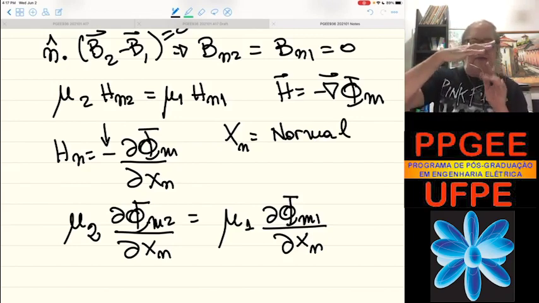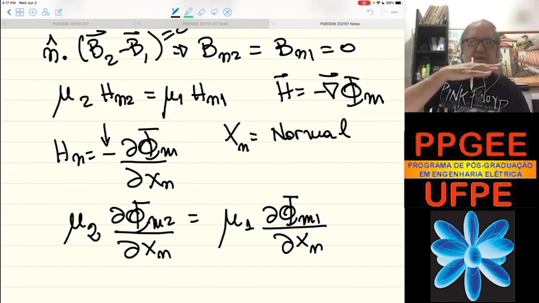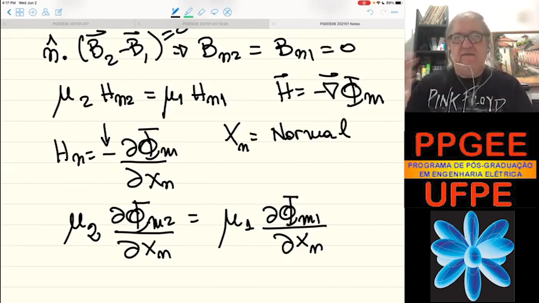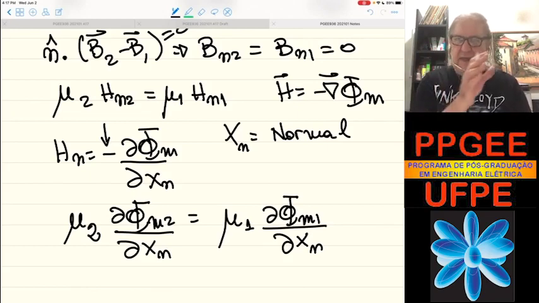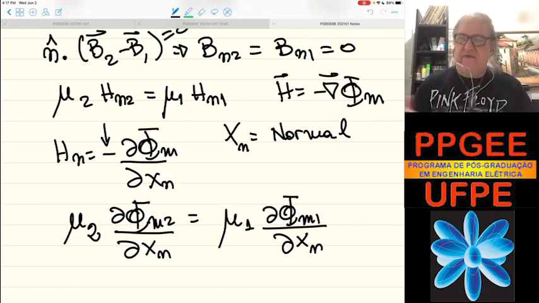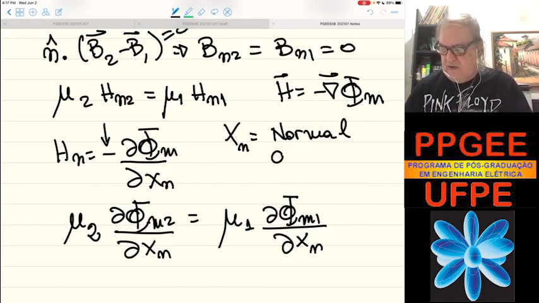At every point, you define a coordinate that goes normal to the surface. For a sphere, that would be the radial coordinate. For a cylinder, it would be the radial coordinate in cylindrical coordinates. For a flat surface, it could be the orthogonal coordinate. So this is a normal coordinate.